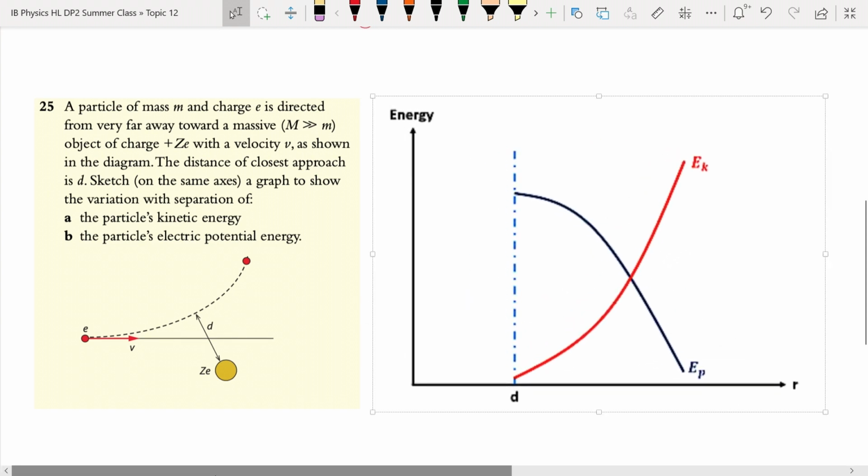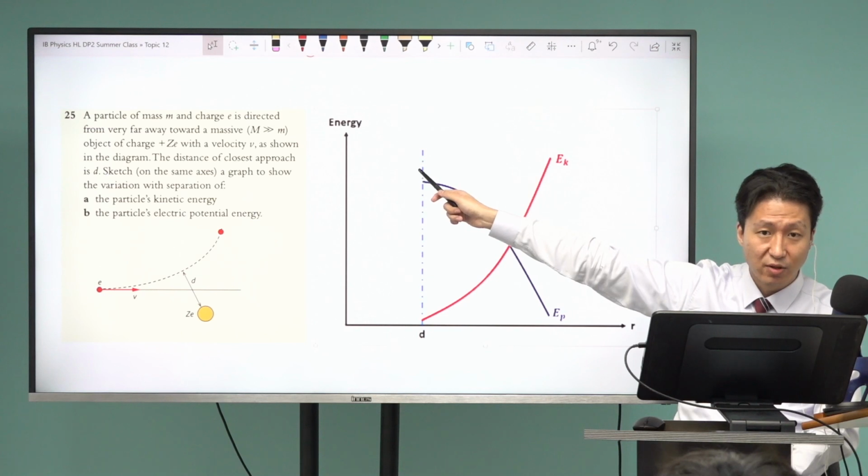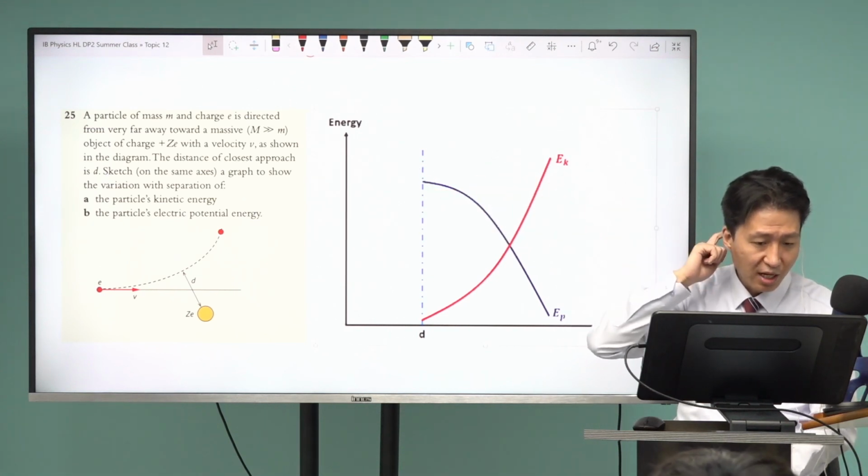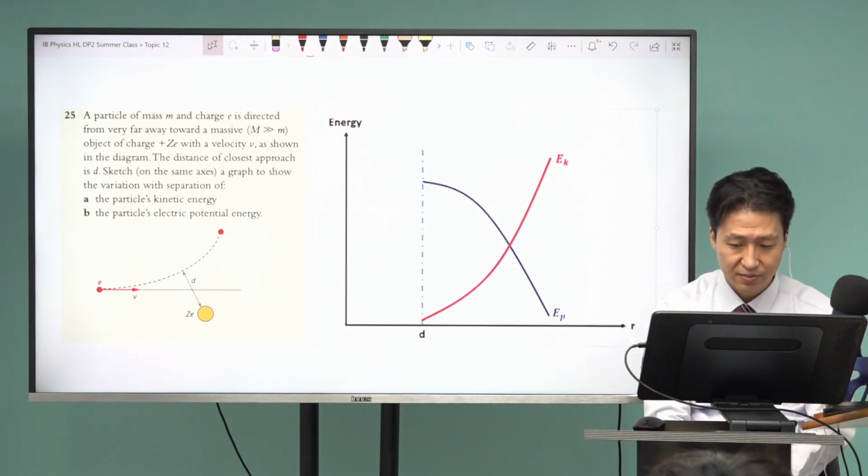And the answer to this question would be this graph here. Again, x-axis, the distance, d. We just changed d to r. The vertical axis is the energy. And first, it says the particle's kinetic energy.